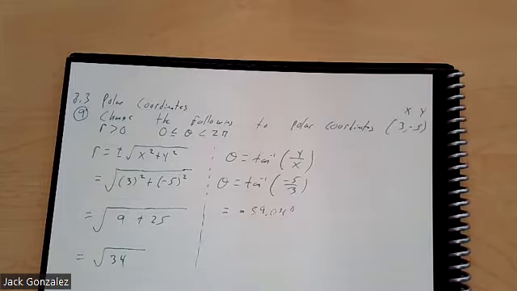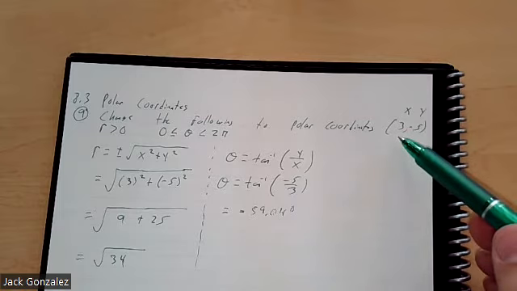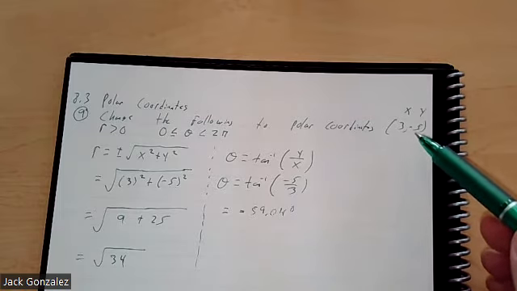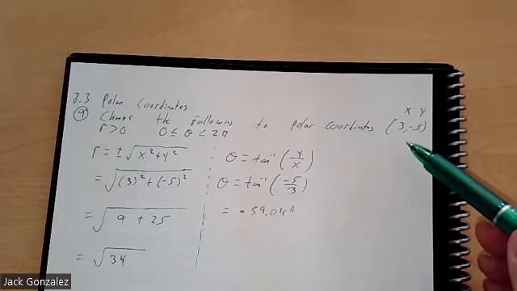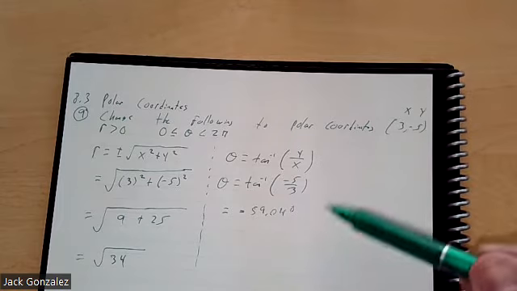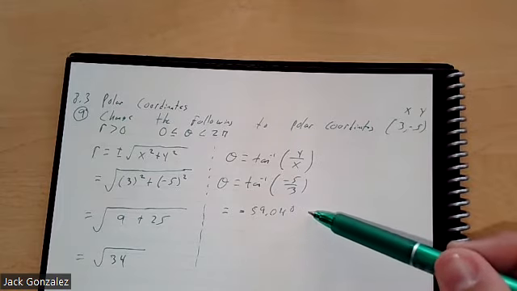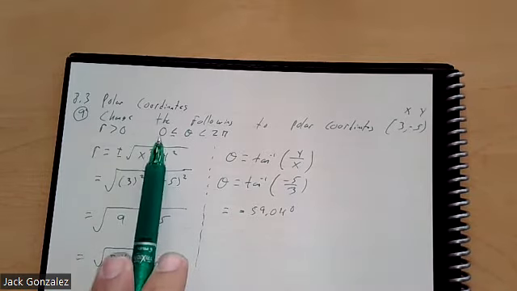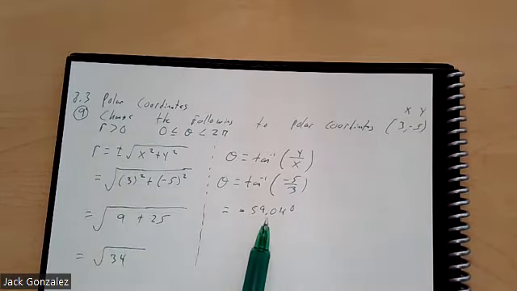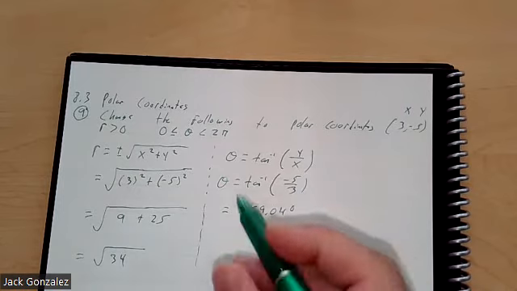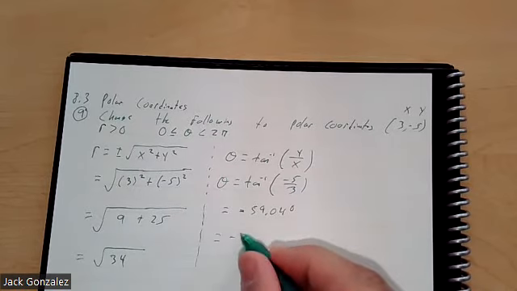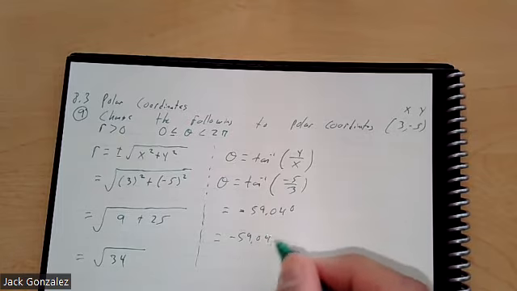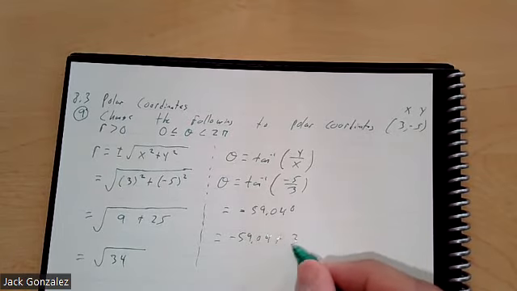So keep in mind, which quadrant is (3, -5) in? Quadrant 4, and so is this one, right? This is also quadrant 4, but they told us they wanted it to be between 0 and 2 pi. They don't want negative angles. So fix it. So this is the same as doing -59 plus 360.